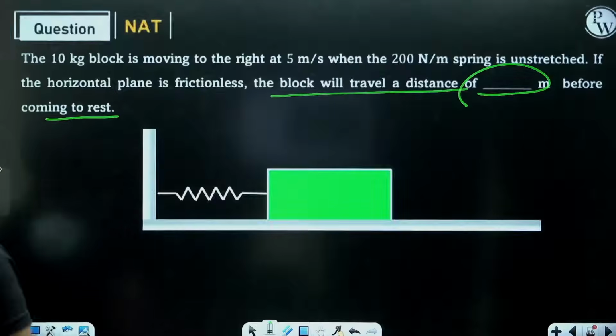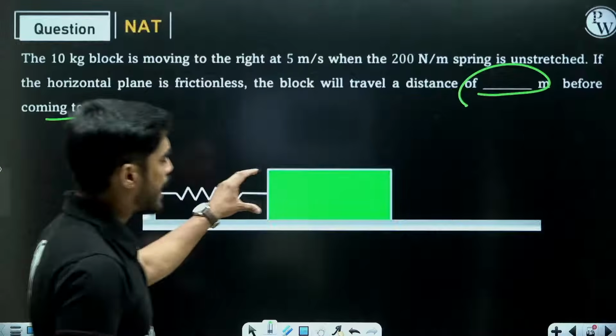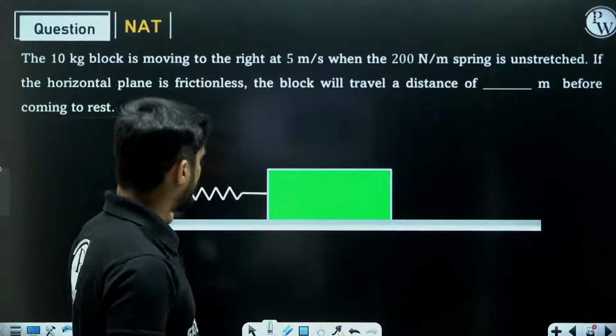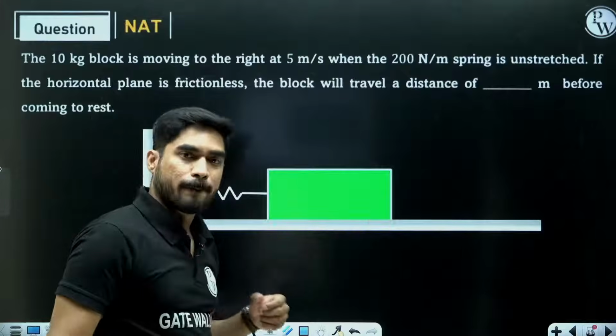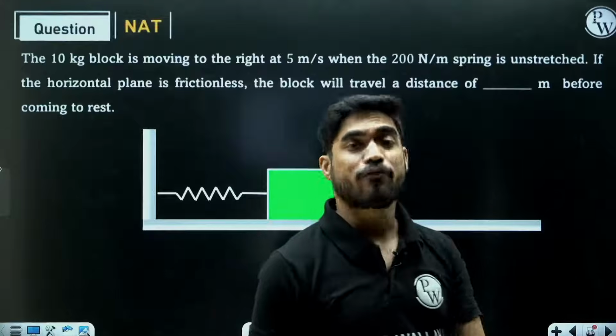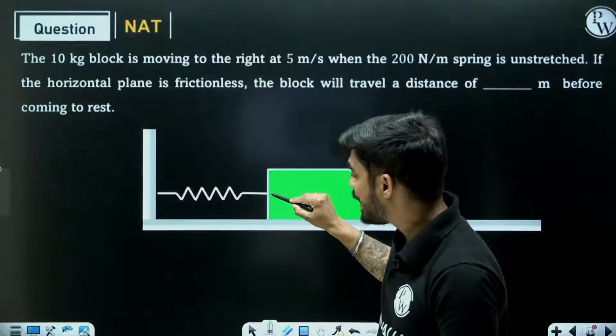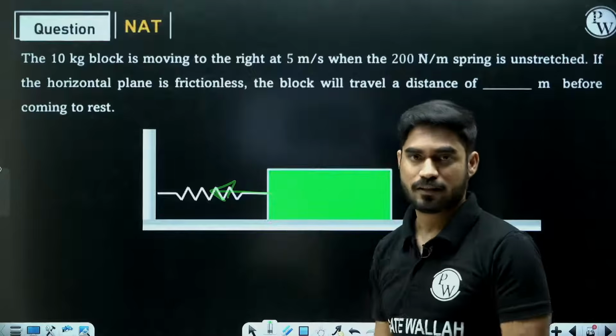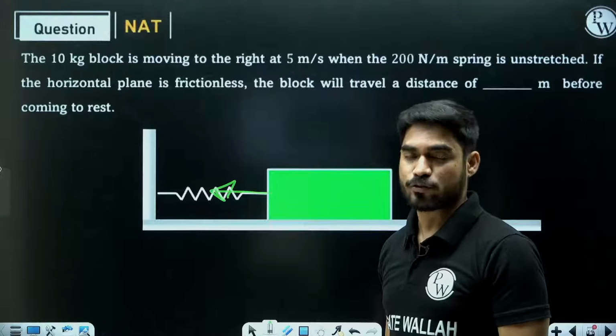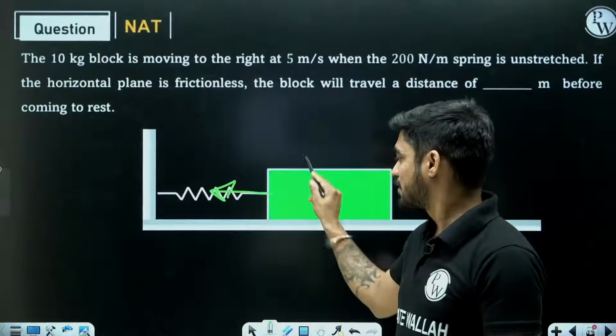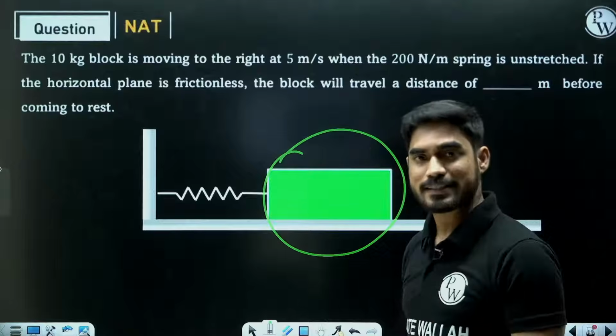See, understand, when this block will start moving towards right, the spring will start deforming, but the spring will oppose this deformation. Means the spring will try to pull this body back by applying spring force. So this velocity of the block will start decreasing.